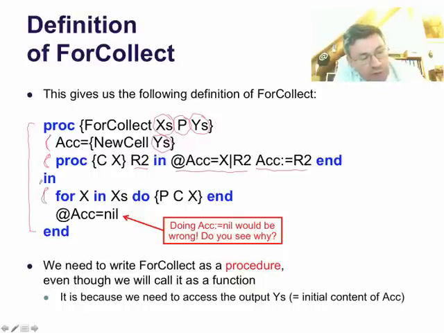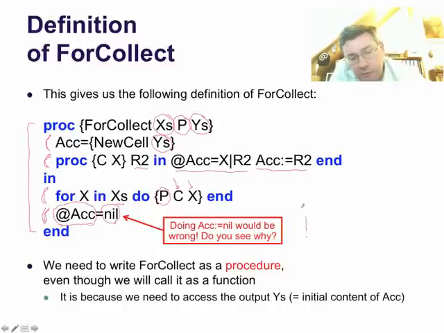So if we do this, then it's enough to do a simple iteration here, X and XS, and call P with the collect procedure and the value of X for each element that we're iterating over. And at the very end, when we're done iterating over all the elements of XS, we have to bind the end of the list to nil. So the content of ACK, which is the end of the list, has to be bound to nil.